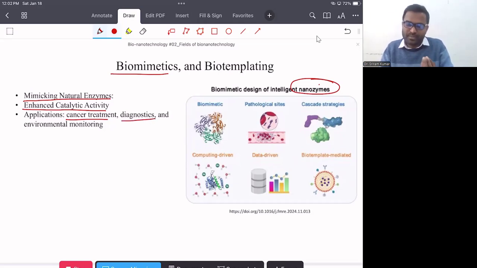You can use an artificial enzyme-based biosensor, and if you increase the catalytic activity of that enzyme, then that sensor has the capability to diagnose a patient in an early stage, because it is more sensitive in determining the concentration of that biomarker. The other application is bioenvironmental monitoring. We can use artificial enzymes to monitor environmental samples as well. So these are the areas of research in biomimetics.